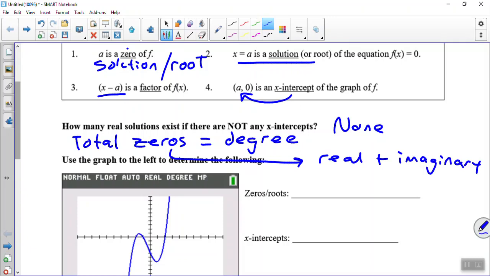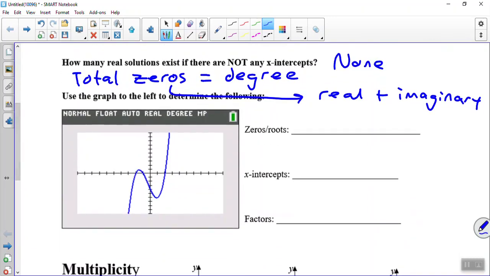Okay, so let's look at this graph down here. This is actually a cubic function. Let's talk about the roots and zeros for this. This intersects the x-axis at x equals -2, -1, and 2. Remember we write the x-intercepts as points.